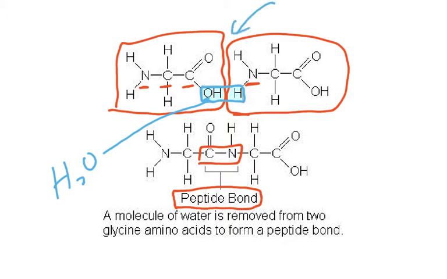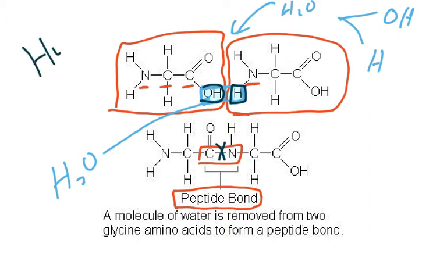The water will split into H and an OH, the H will come here and the OH will come here. So this is what you have to understand, the OH coming in here and of course this bond breaking, and that will be hydrolysis. Hydrolysis means the breaking up of a water molecule into hydrogen and OH, H ion.